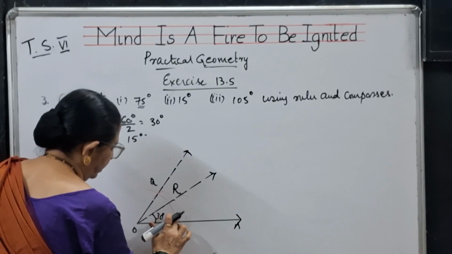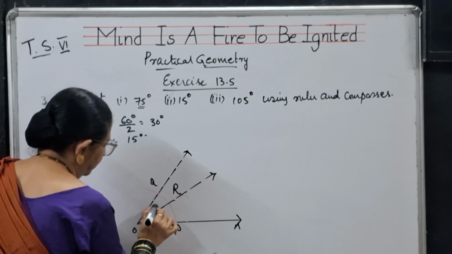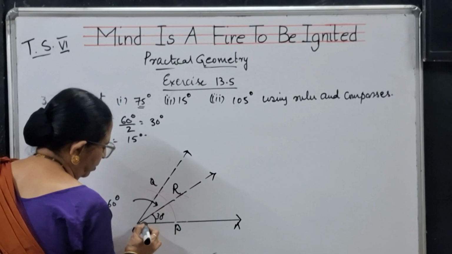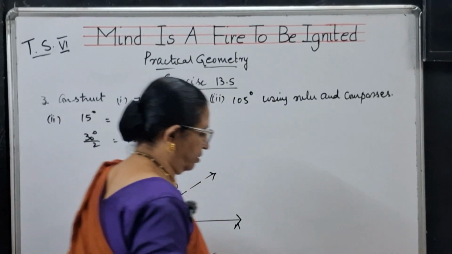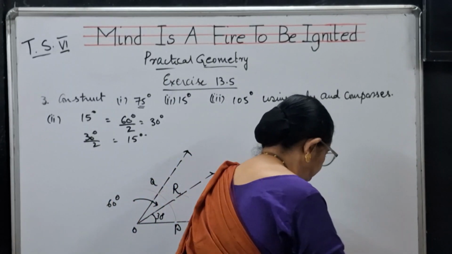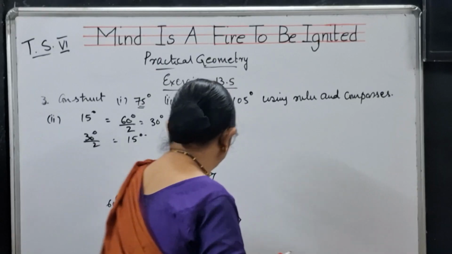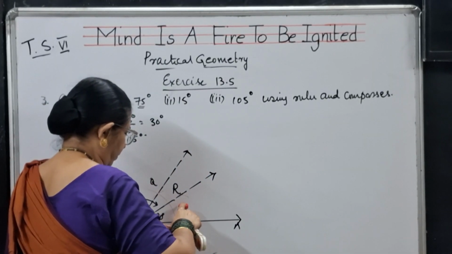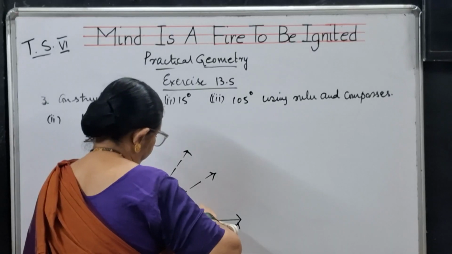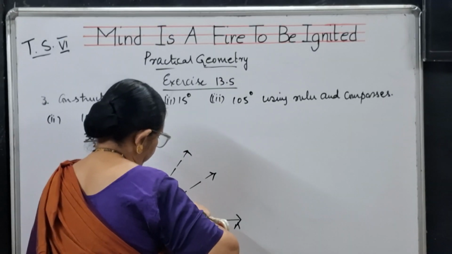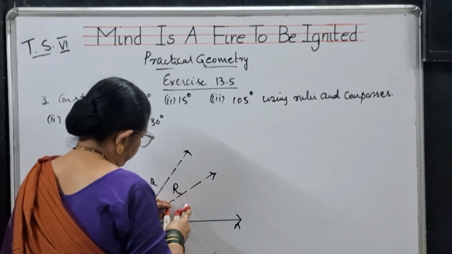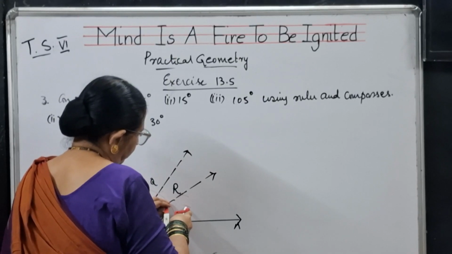This whole angle is 60 degrees. Half of it is 30 degrees. Now again, this 30 you have to bisect. Again, at this point, more than half, one arc like this, and this another arc.